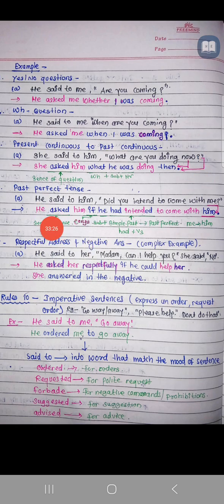So Shivam said to Chaudhary, "Did you intend to come with me for a movie?" Here it changes: he asked him, that means Aman and me, both of us, both of them. So Shivam asked Chaudhary if he had intended to come with him for a movie.